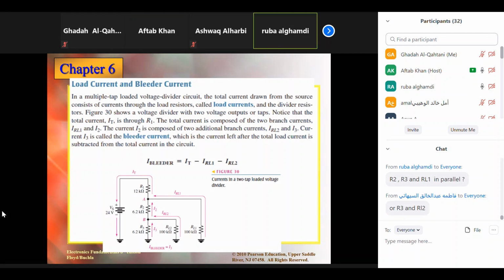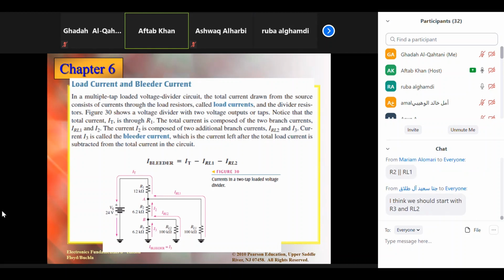I mean that I need to find R2 and R3 and RL. Okay, but you are saying R2, R3 and RL1 in parallel. If they are in parallel, are they following the basic rule of the parallel circuit, which is that they should be connected between two common nodes? Are they connected between two common nodes?